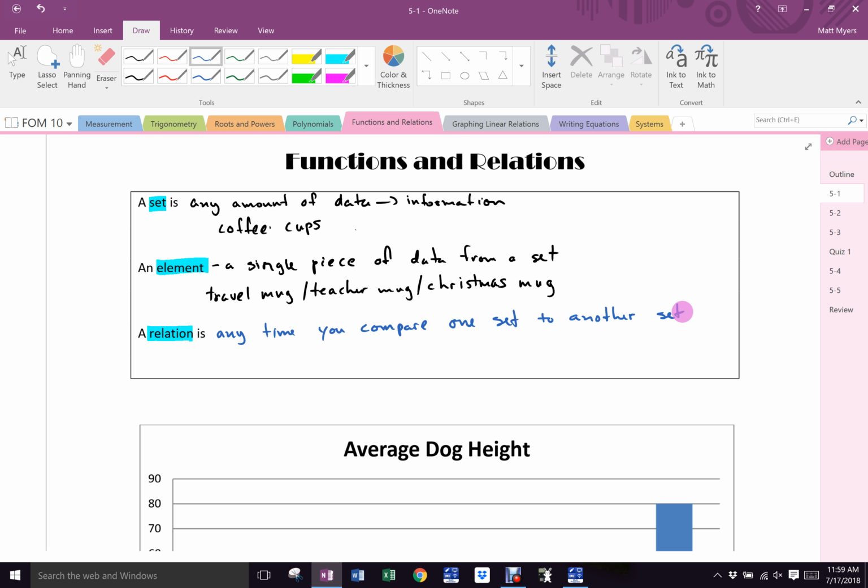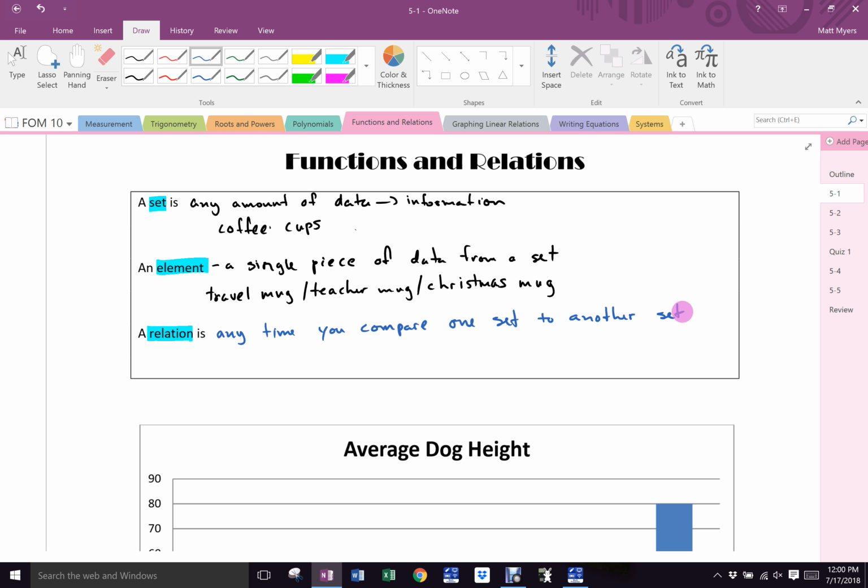What are the 2 sets that are being demonstrated right now? One of them's written on the board. It's the coffee cups, right? What is another piece of data for this set in my hand? Pardon me? No. That's part of the set of cups. I need another set before I have a relation. I have to compare the set of cups to another set.